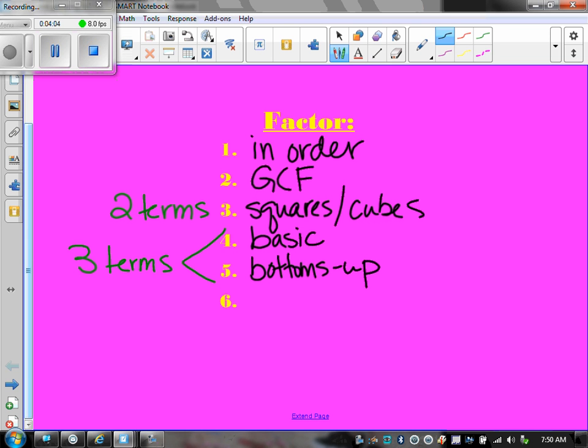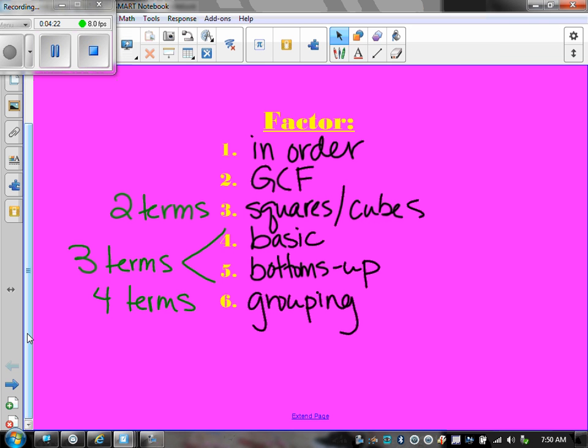Okay? If you have more than 3 terms, so let's say 4 terms, then the way that we're going to factor is called grouping. Okay? We're going to do GCF today, and we're going to do grouping today.